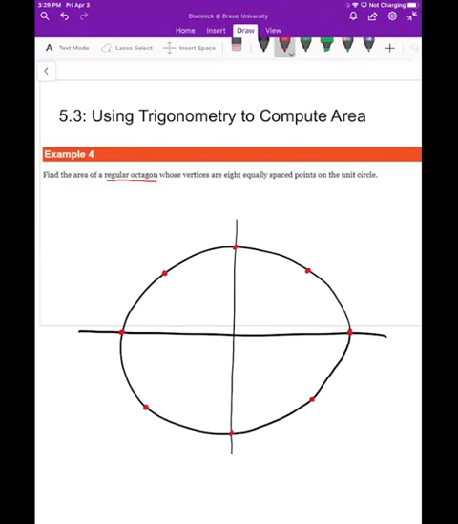Okay. So now I'm interested in finding the area of this shape that's sort of spanned by these red dots around the unit circle. All right. And what we're going to do is we're going to break this into something we know how to do.